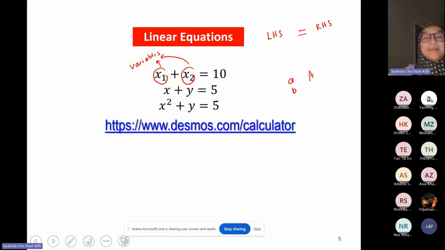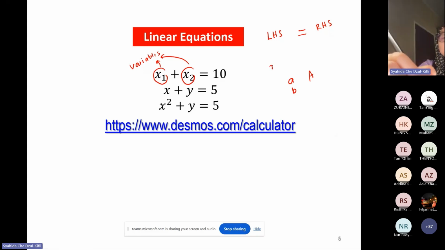There are many ways to determine if an equation is linear or not. First, let us look at its graph. Since it has only two variables, meaning two-dimensional, we are able to see the graph for these three equations on the xy plane, right?